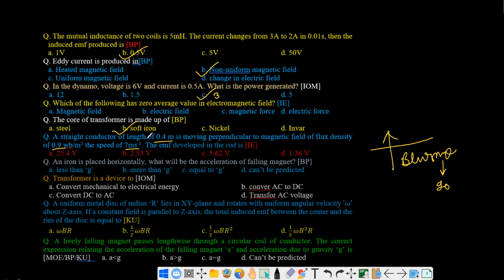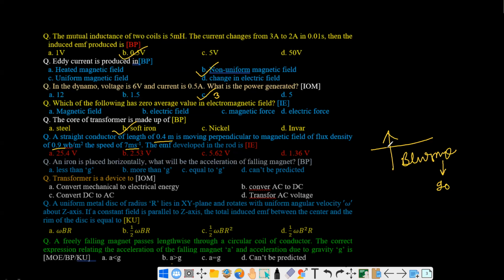Okay, so if you do this, then I believe the answer is gonna be this one. Okay, you can multiply. I just did not carry the calculation. Let me just do a short calculation with my calculator. So in here what we have is 0.4 into 0.9 into 7.